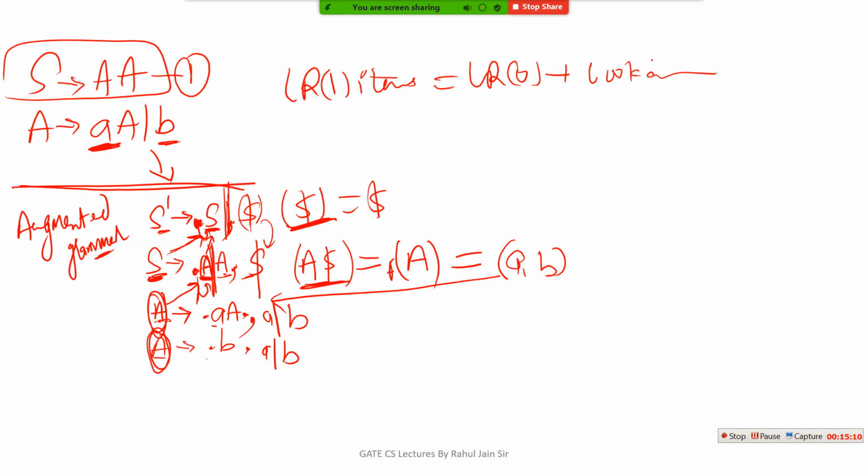I am again repeating. Initially you need to take the augmented grammar like that, and the augmented grammar's look ahead is dollar.